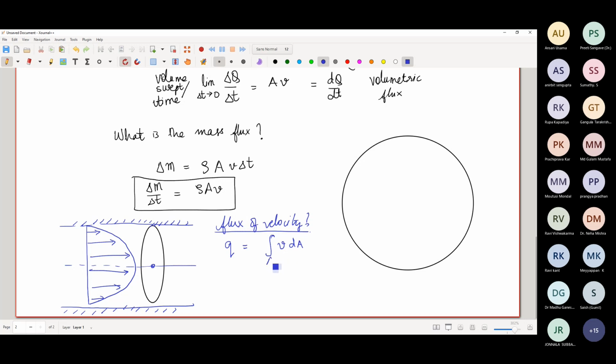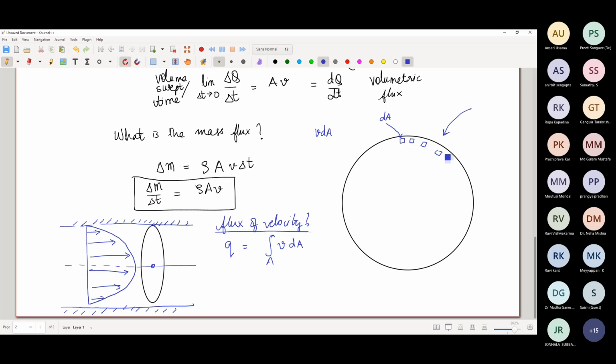What does this expression mean? That I can construct this area in small parts. There are multiple ways I can do it. I can consider many such small squares and cover the entire area. So then, to find the flux through this small area, if the area is dA, the flux through this will be V times dA.